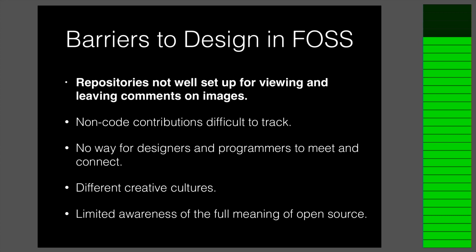There's a great tool called ResourceSpace that provides a way around that, but it's not really integrated into anything. I would hope that some of these features may be better supported in the future. Different creative cultures. I think the biggest shift really has to be finding ways for designers and programmers to come together and just getting stories of success out there.